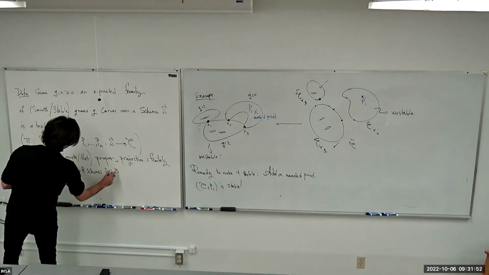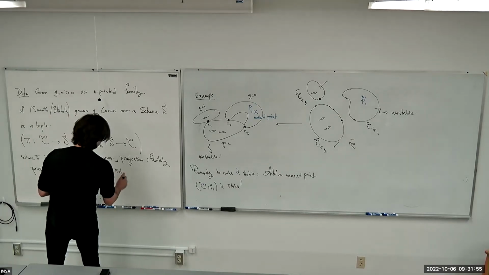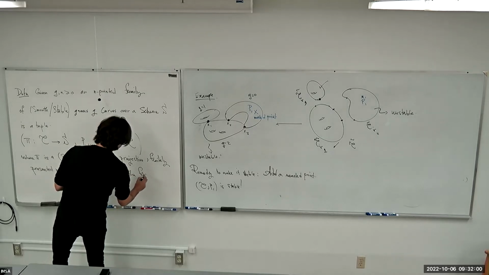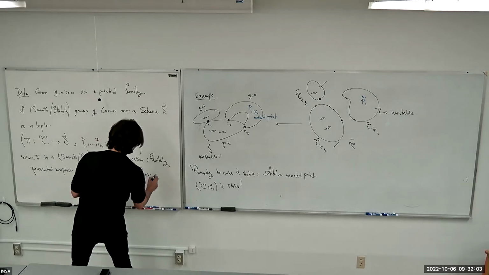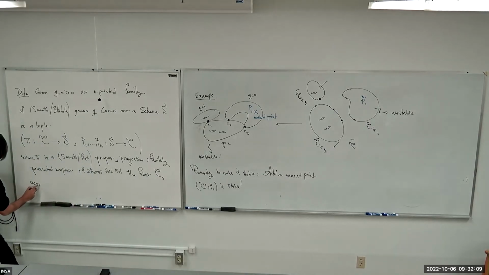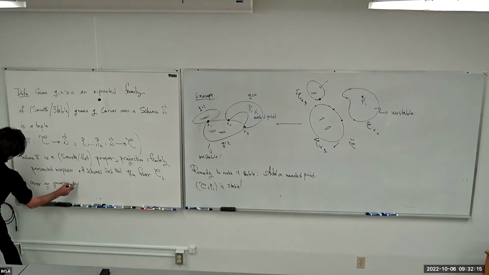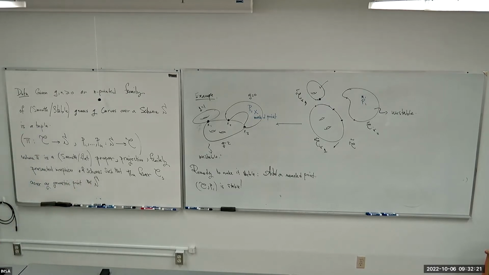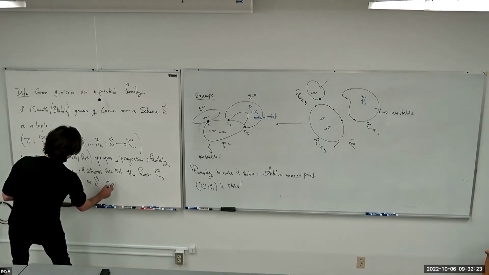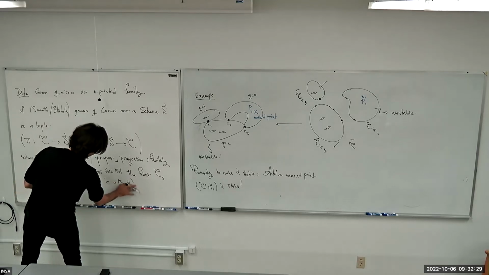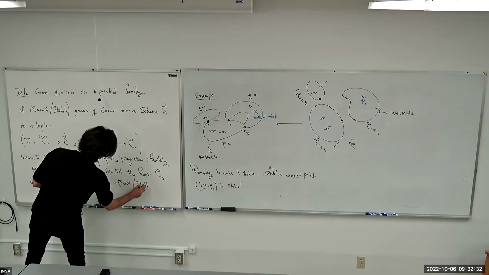Such that the fiber C_s over any geometric point s in S, parameterizing the scheme, is a smooth or stable, depending on what family we are considering.